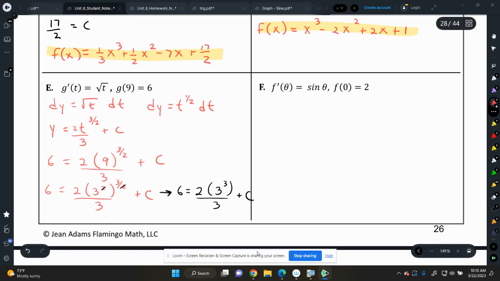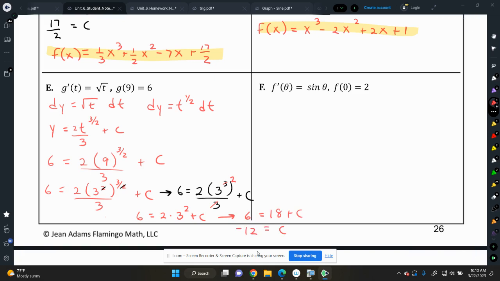And then here, the 3's will reduce. So this makes it a 3 squared. So 6 equals 2 times 3 squared plus c. So we get 6 equals 2 times 9, so that's 18 plus c. So c equals negative 12. So we have to be able to do that type of thing by hand without a calculator.